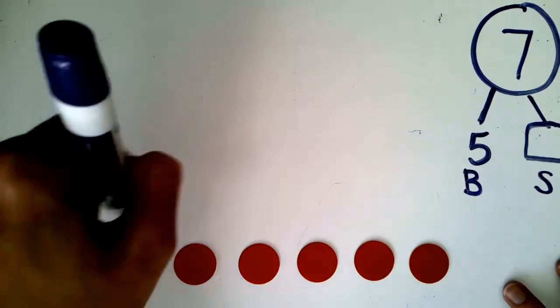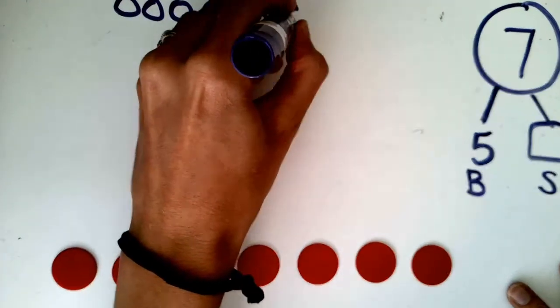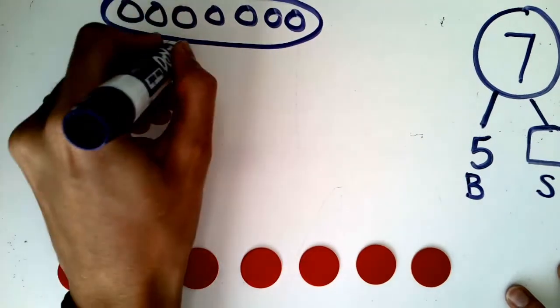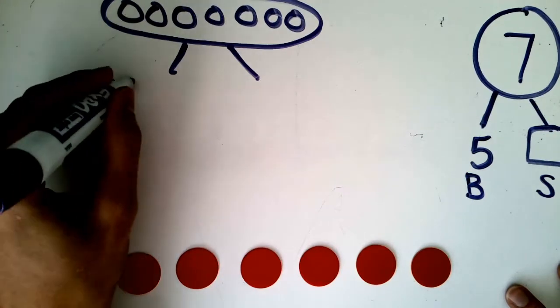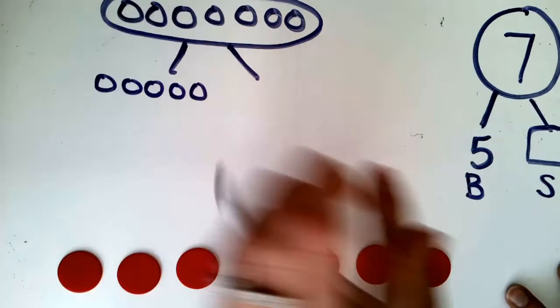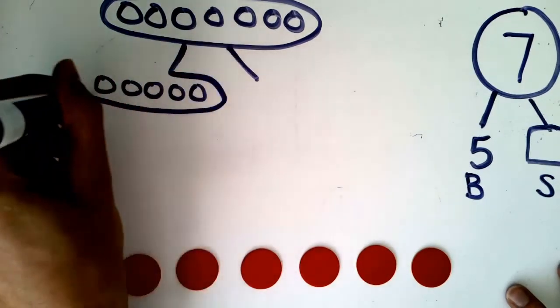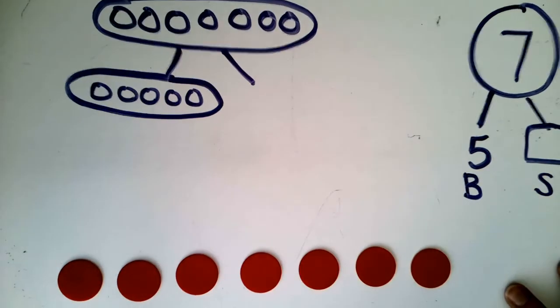I know that there are 7 books altogether. 4, 5, 6, 7. Okay, see that? Watch, I circle it just like I'm making a number bond. 2 legs sticking out. 5 were already there. See how I'm just matching it up with this number bond down here? 5 were already there. How many did the student put on the shelf?